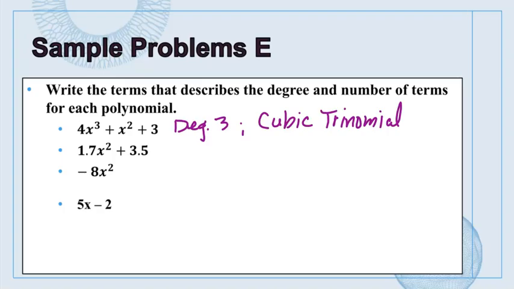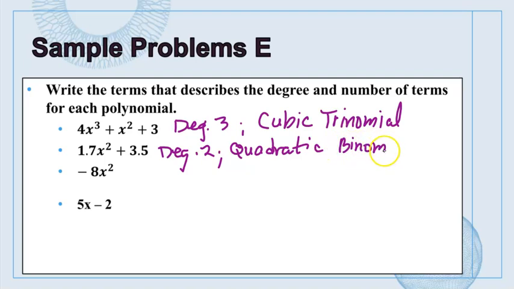This next one has a degree of 2, and a degree of 2 is quadratic. Let me rewrite that. That means if you were to graph it, it would be parabola shaped. This is a quadratic binomial because there are 2 terms.